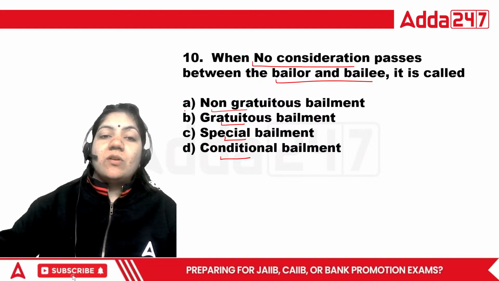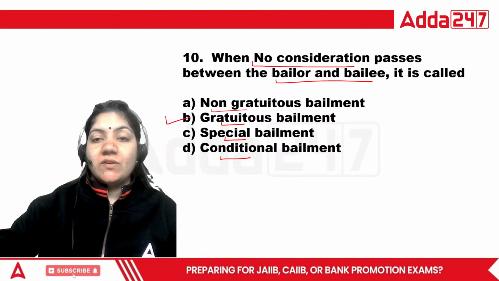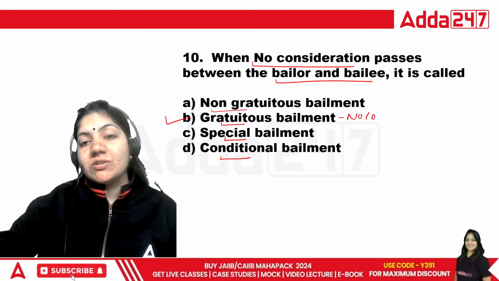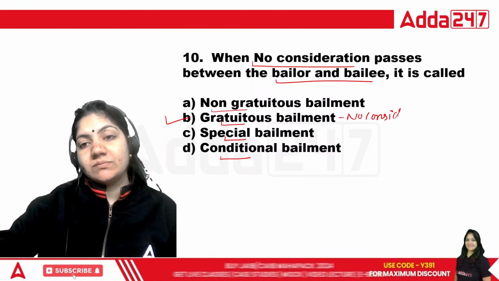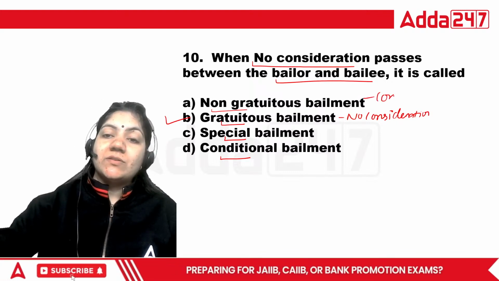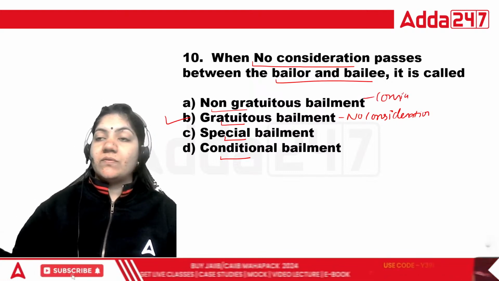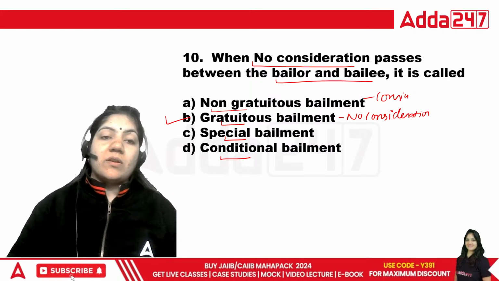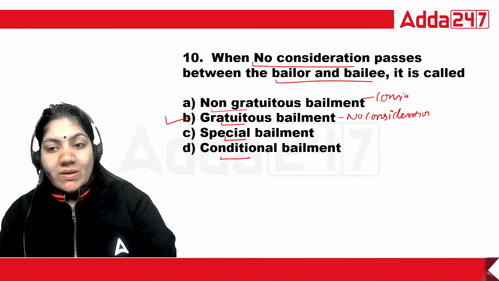This is called gratuitous bailment in which no consideration is there. In non-gratuitous bailment there is a consideration. Suppose we park a vehicle, we have to pay some money. That is called non-gratuitous. So for the 10th one, this is the right answer.